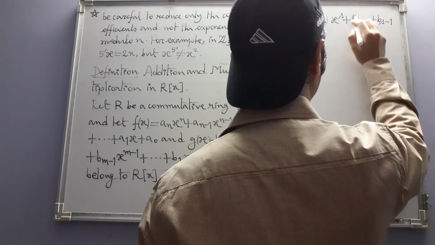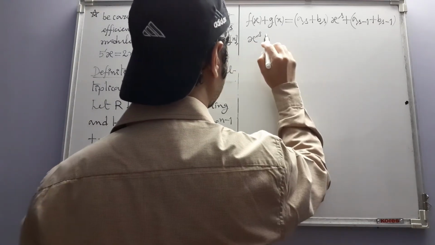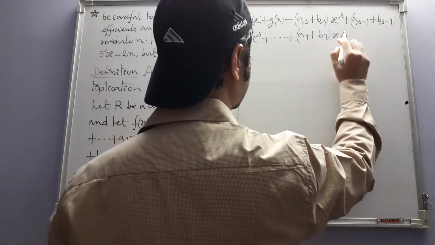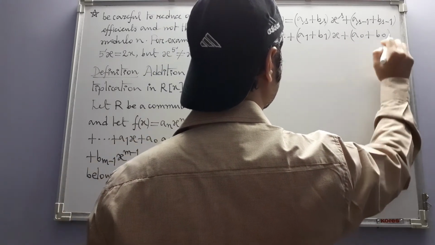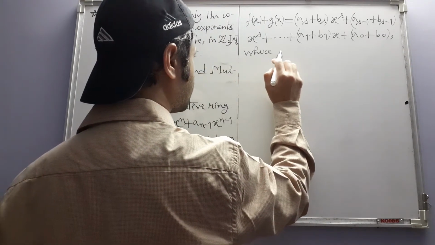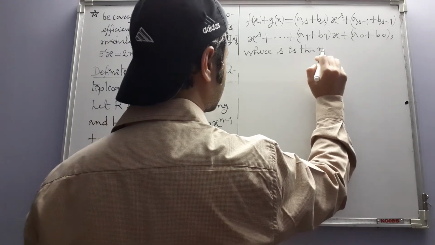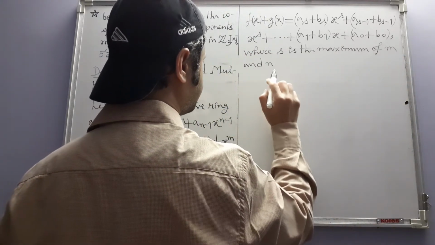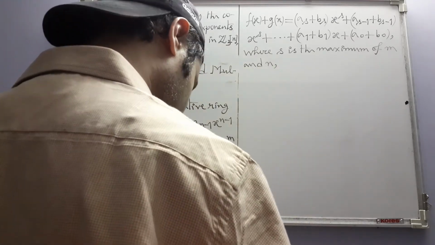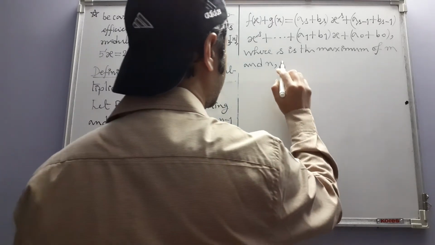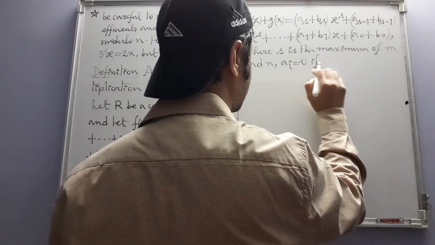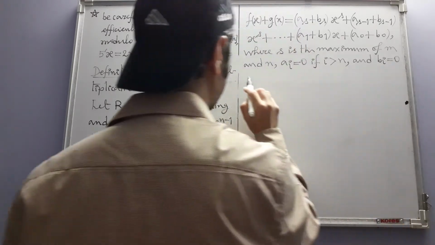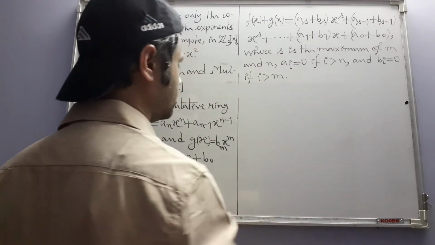Plus b_{s-1} times x to the power s-1, like that, plus (a_1 plus b_1) times x plus (a_0 plus b_0), where s is the maximum of m and n, and where of course a_i is equal to 0 if i is greater than n and b_i is equal to 0 if i is greater than m.